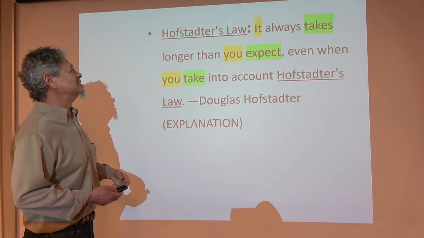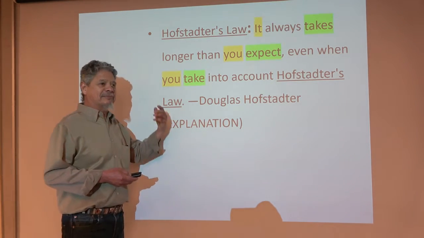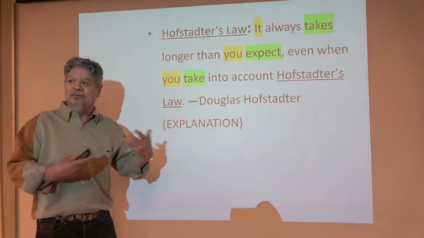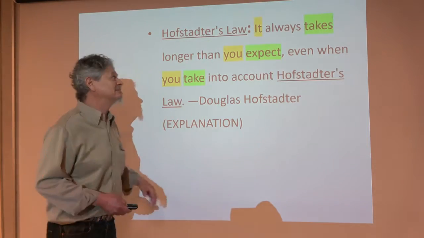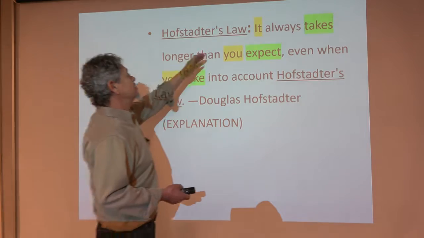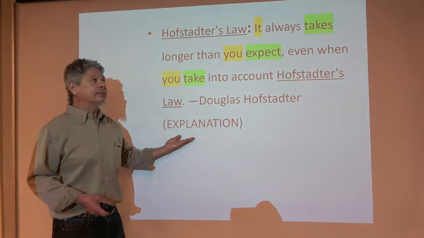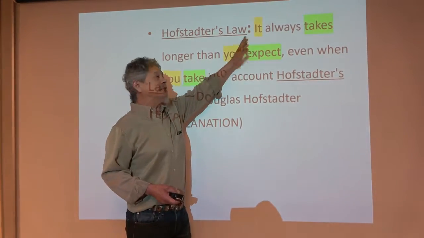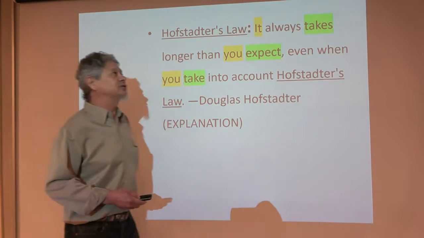Okay? So, things take longer than we expect, right? And that's what he wanted to make a law out of. Anyway, here is an explanation. You put a colon to explain something, and this is the explanation.